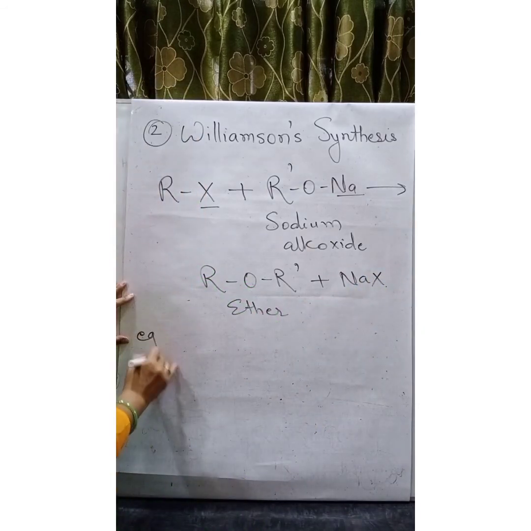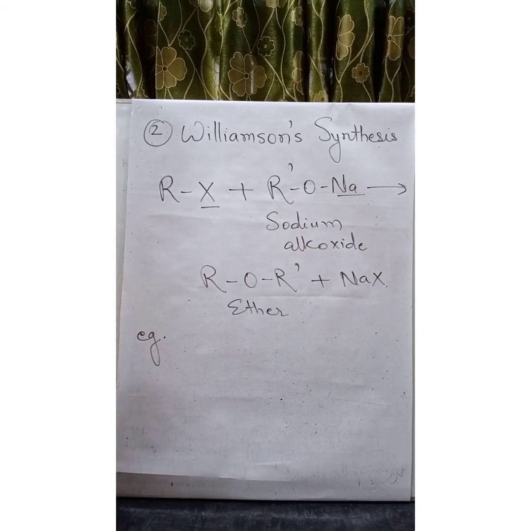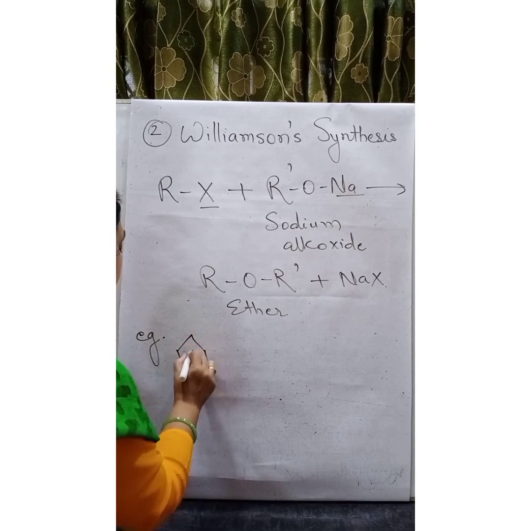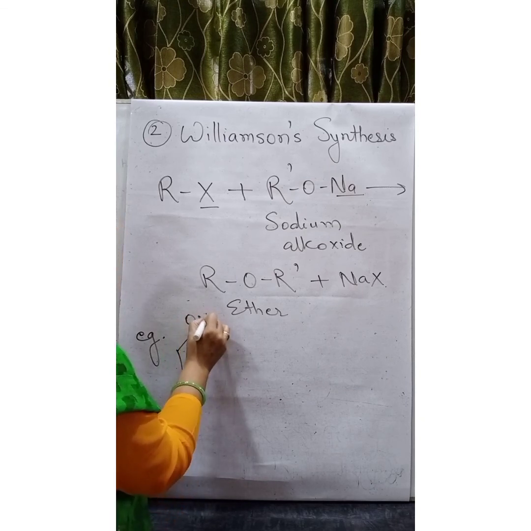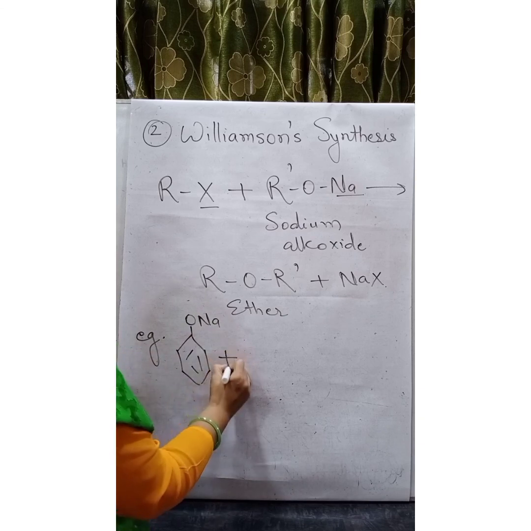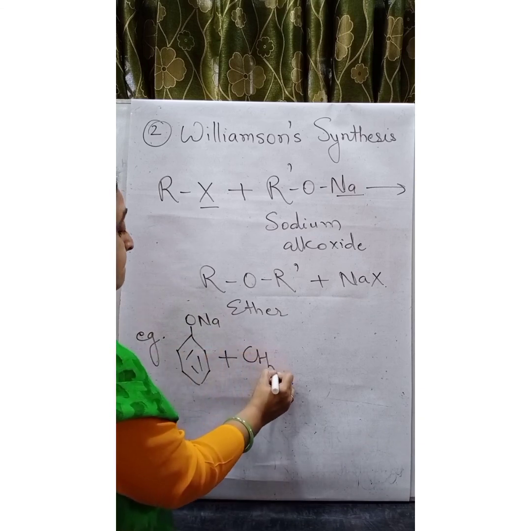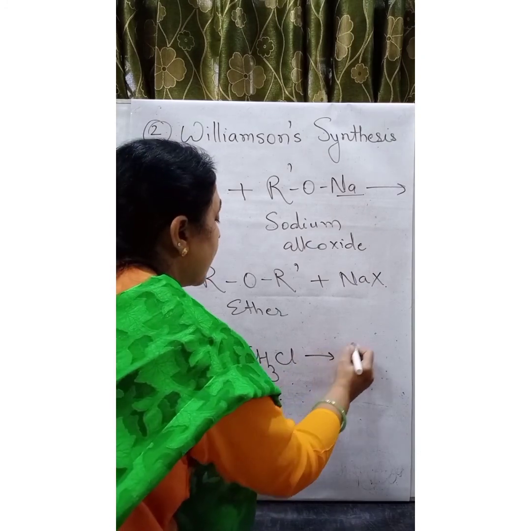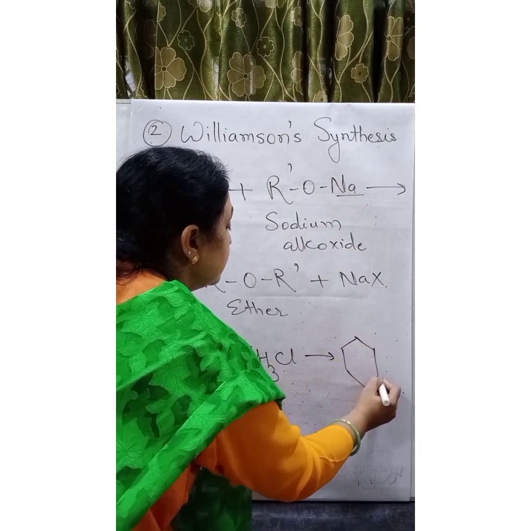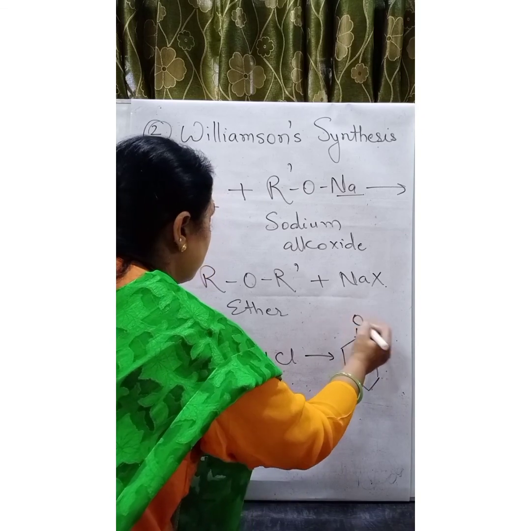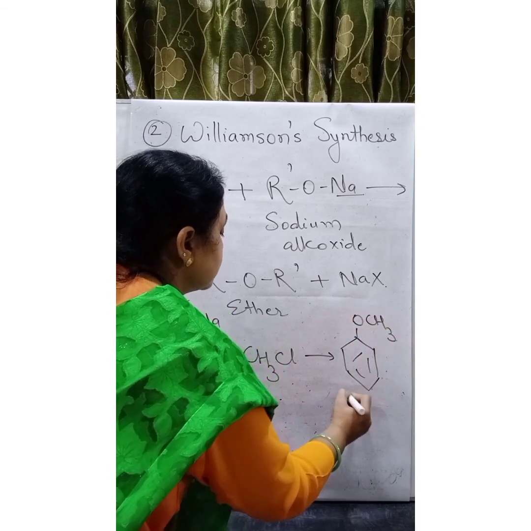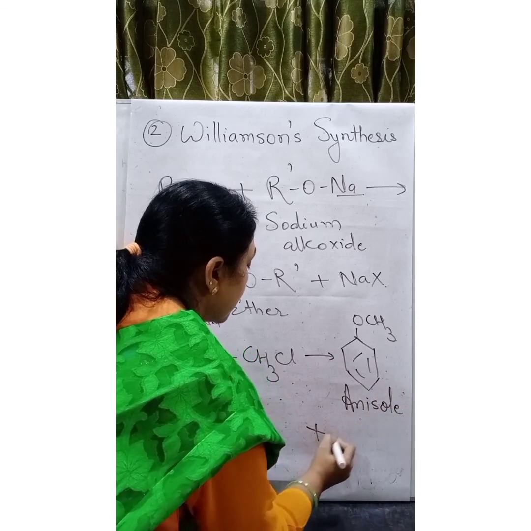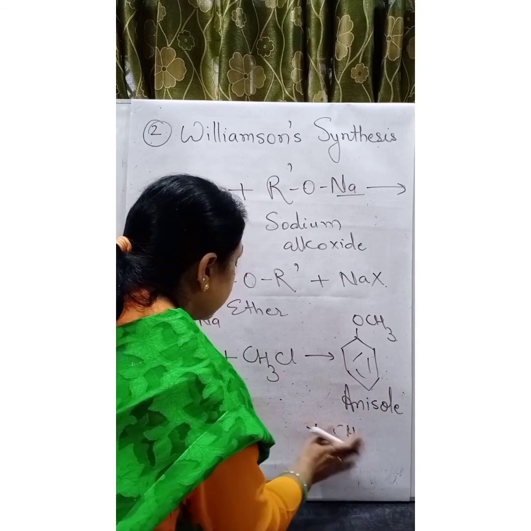For example, if we take the sodium salt of phenol, that is sodium phenoxide, and treat it with methyl chloride, NaCl will go and it will result in the formation of OCH3, which is a popular product called Anisole, plus NaCl.